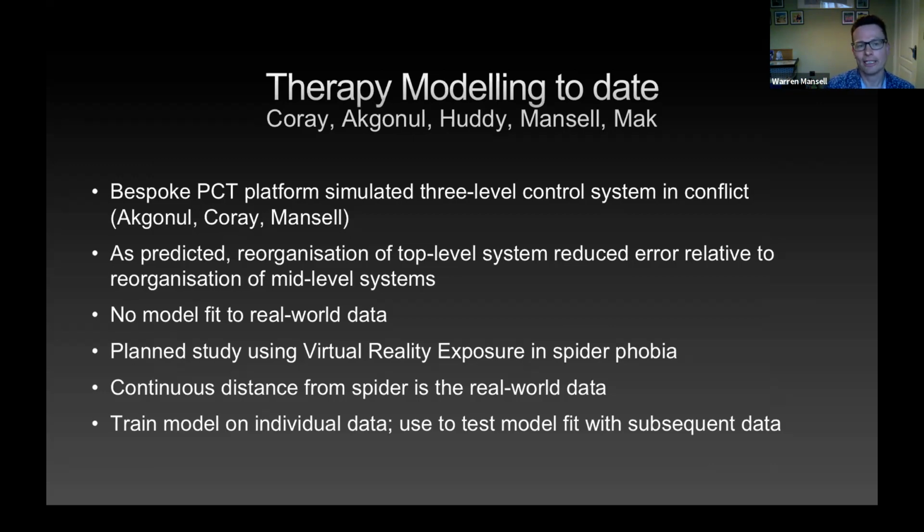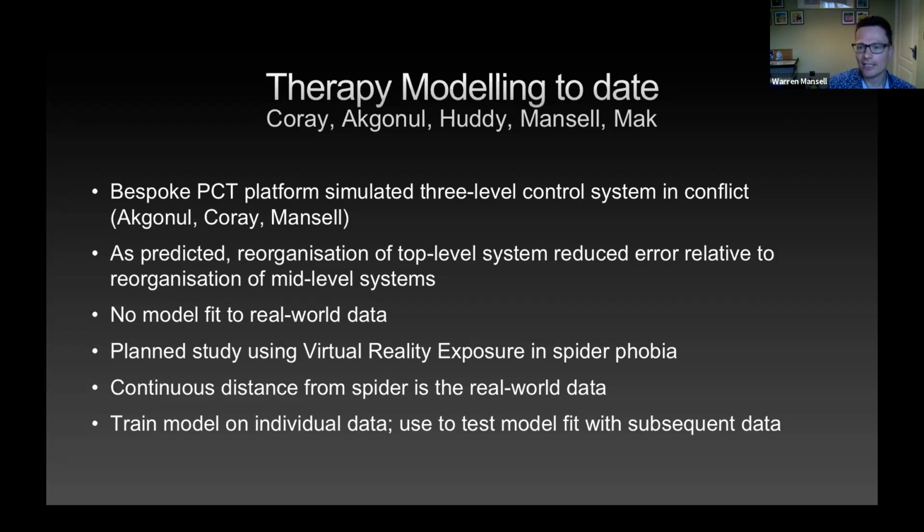And in that early work, we found that if you focus reorganization on the top level, the one that was sending the conflicting references to the mid-level, then that reduced the error of the whole network. Whereas if you focus the reorganization just on one of the 2 conflicting systems, then it didn't reduce the error. That work is now accessible on ResearchGate, and we've summarized it in that Frontiers article.